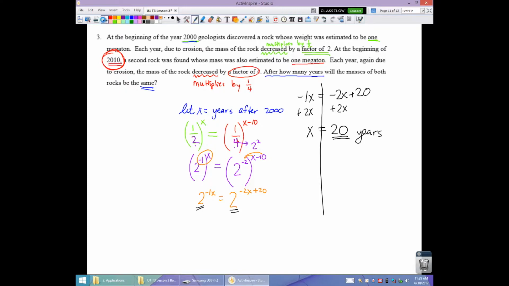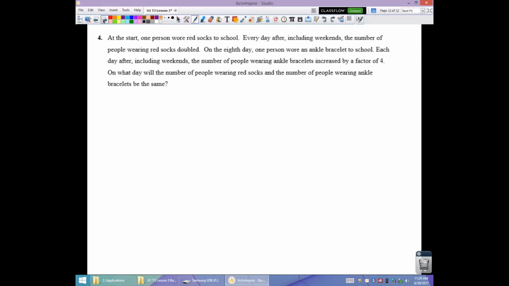And last one. Number 4, at the start, one person wears red socks to school. Every day, the number of people wearing red socks doubles. So once again, this is why we know it's exponential, because doubling means multiply by 2. On the 8th day, so 8 days later, one person wears an ankle bracelet.